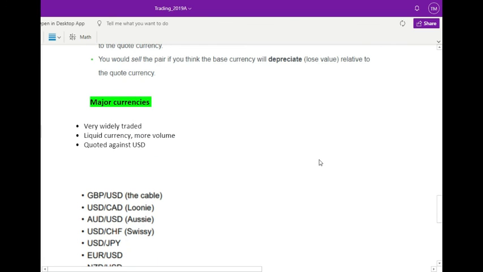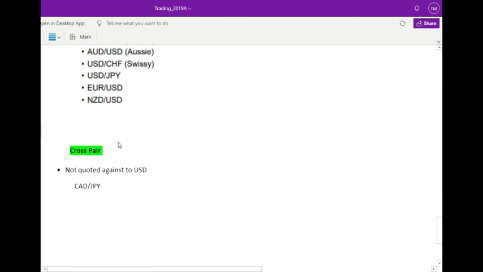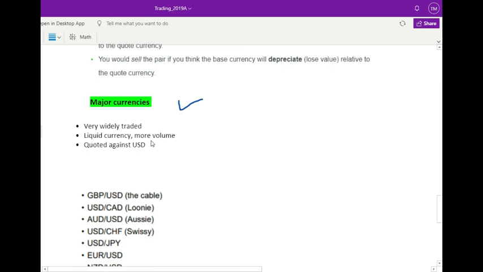So in the markets, we have two types of pairs, what we call major currencies and cross pairs, right? So what are the major currencies? These are the currencies that are widely traded, liquid currencies.